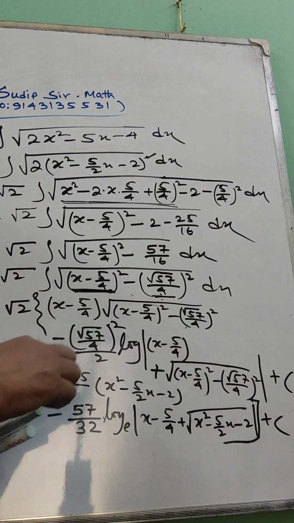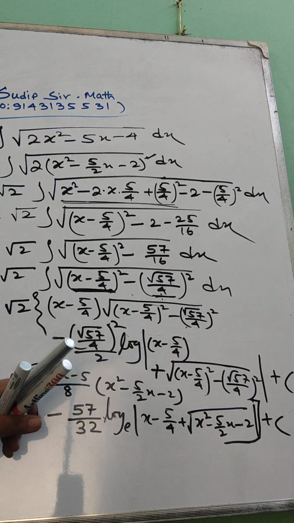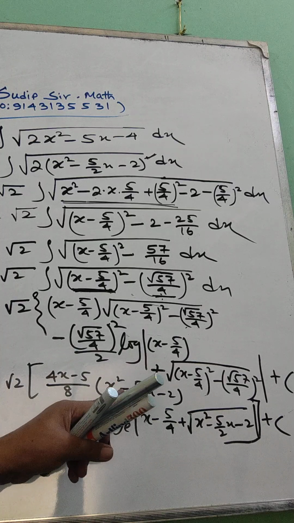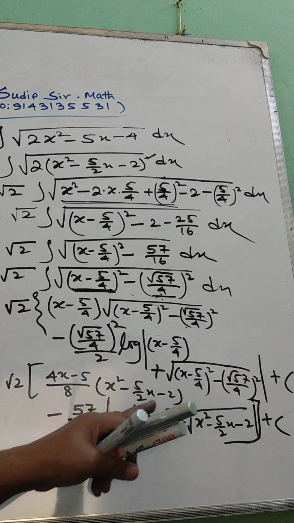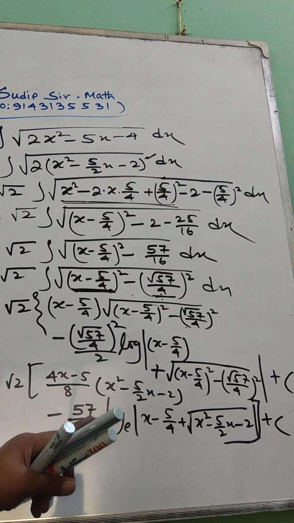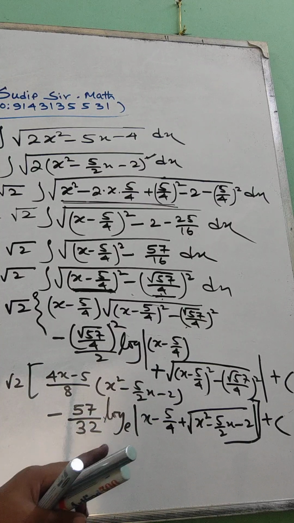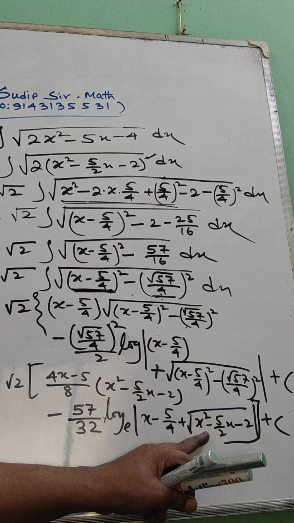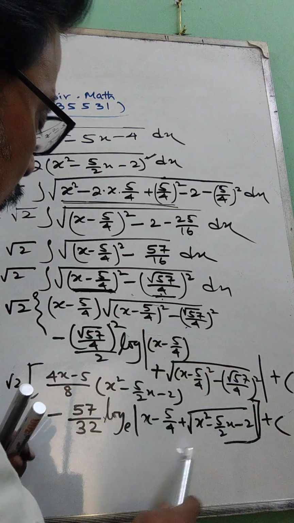So root 2 overall into root 2 into 4x minus 5 by 8 root over of x square minus 5/2 x minus 2, and minus 57/32 log of x minus 5/4 plus root over of x square minus 5/2 x minus 2.